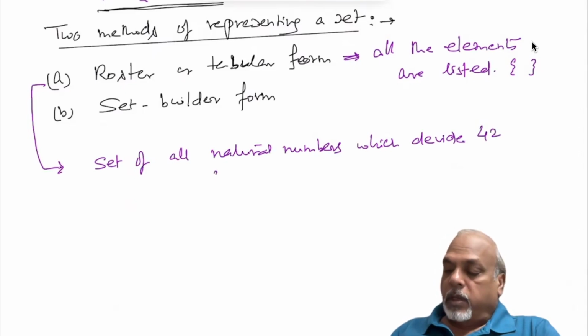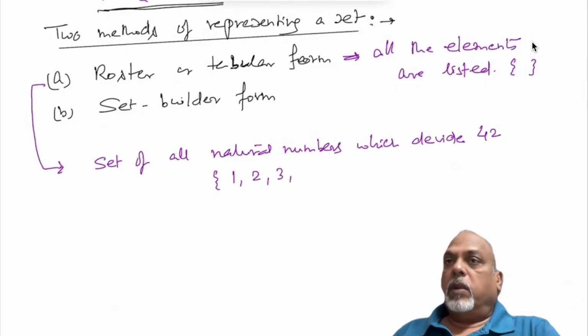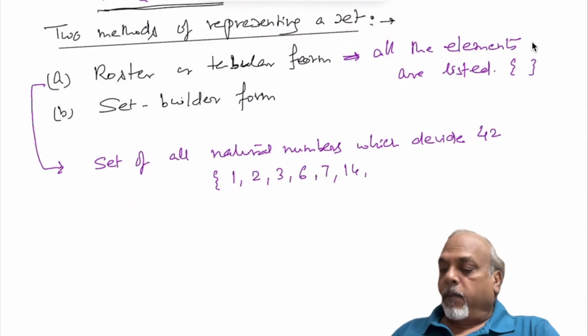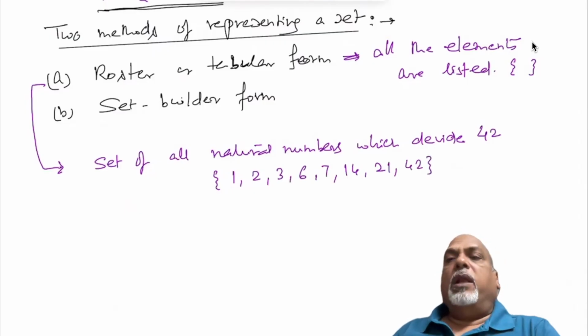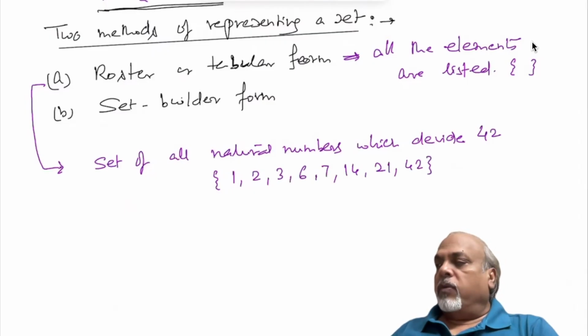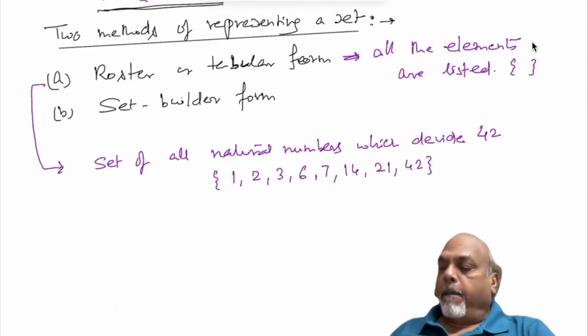Then what will be its set? That will be 1, 2, 3, 6, 7, 14, 21, 42. So all the elements in the roster form we have written. Correct?